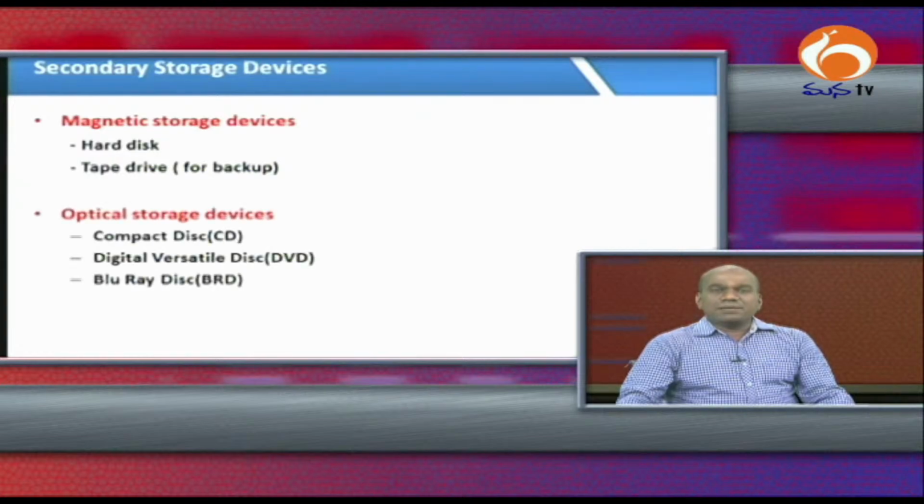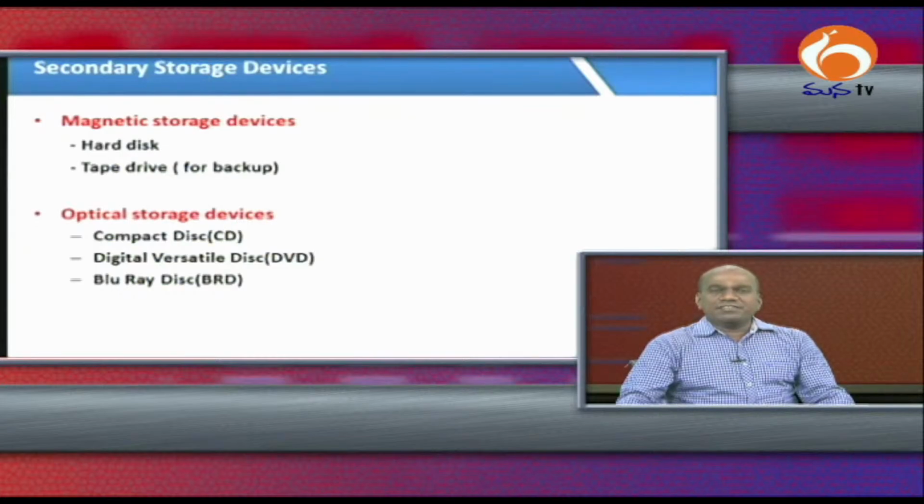Let's see one more type of secondary storage device, that is optical storage devices. The best examples to understand optical storage devices are compact disc, CD, and digital versatile disc, called DVDs. One more optical storage device type is Blu-ray disc, BRD, used to play games or to store a huge amount of data.